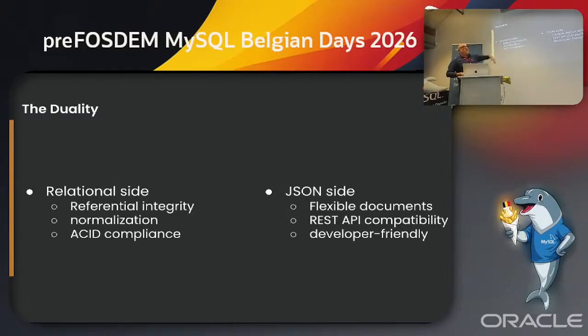We have the relational side with referential integrity, normalization, isolation, and all the stuff. At the same time, we have the JSON side with flexible documents and support for REST API approaches without a lot of development, and also development friendly.